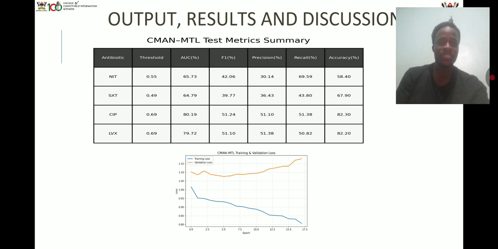For the second antibiotic we have an accuracy of 67.90, for the CIP antibiotic we have an accuracy of 82.30, and for LVX we have an accuracy of 82.20, plus other metrics that were evaluated as shown on the slide. Below we have the training versus validation loss of this model.